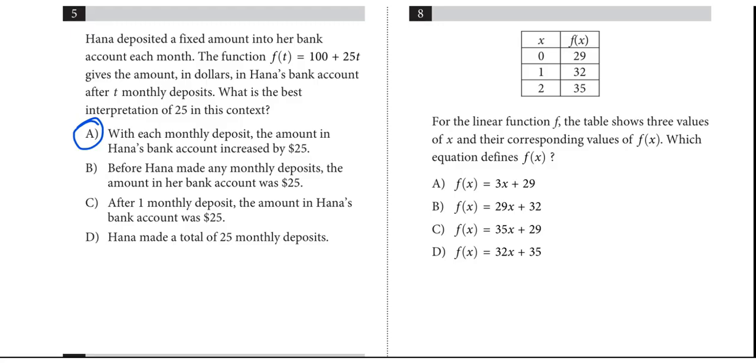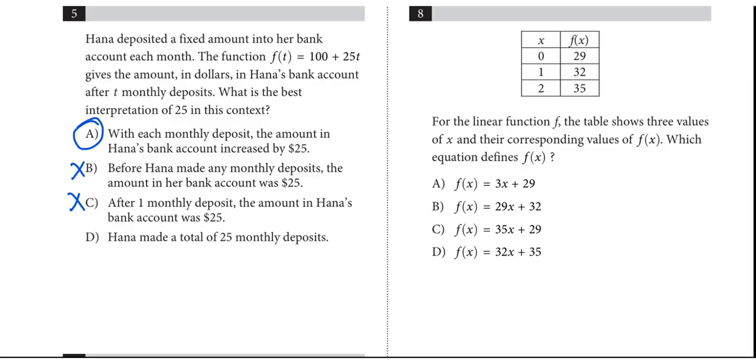So it means that the account increased by $25 every month. If you look at option B, it says before Hannah made any monthly deposit, the amount in her bank account was 25. That is not correct. Option C says after 1 monthly deposit, the amount in Hannah's bank account was 25.